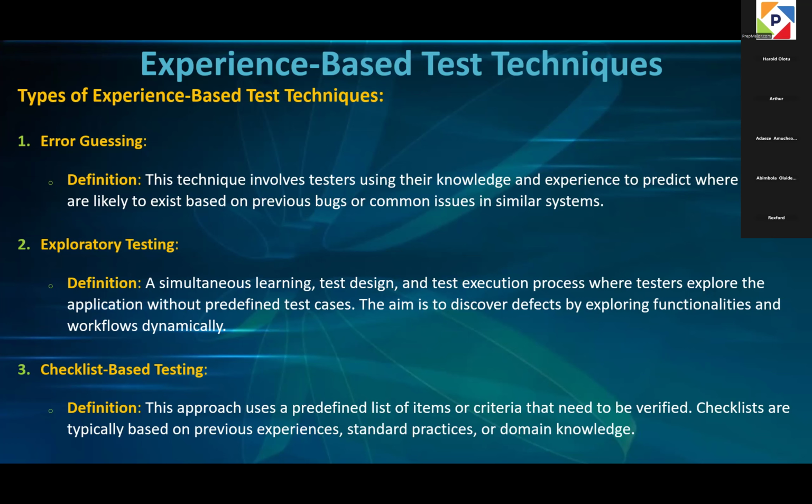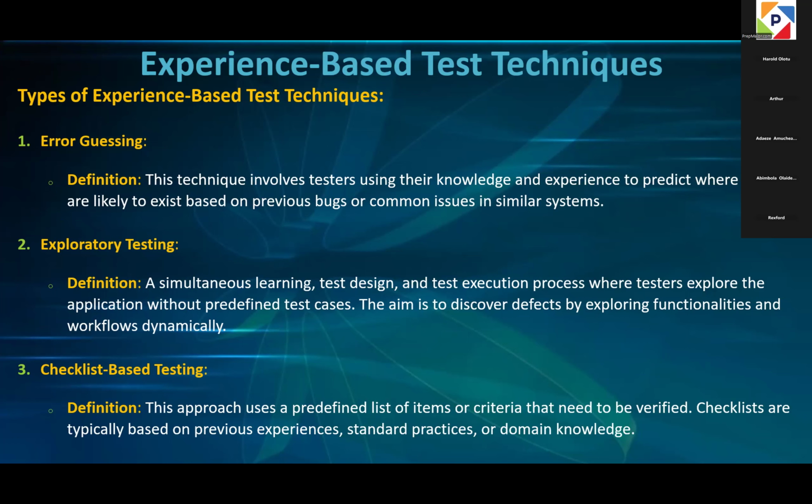And this is what we do when you don't have immediate requirements. So what you do, you just do exploratory testing to uncover edge cases and also to create your test scenarios and your test cases, and begin to design the requirement for that particular application. Then checklist-based testing.